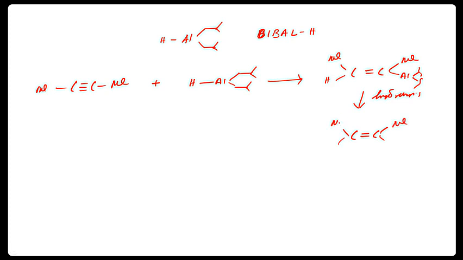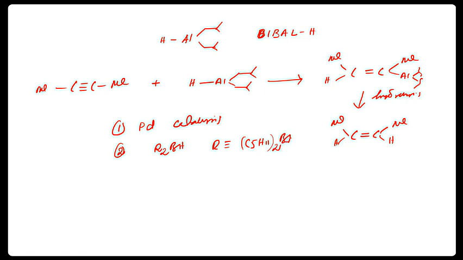See, now we have practiced three processes of making cis alkene. One, remember, was by palladium catalysis. Number two was the heavily substituted BH reagent, and here R was C5H11.